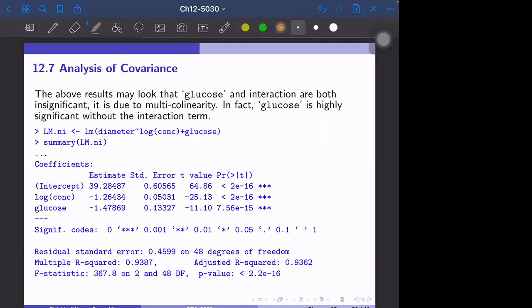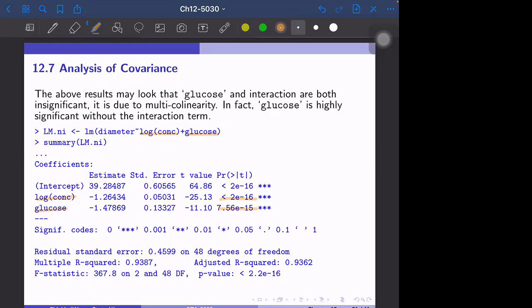Two coefficients are insignificant, but we are not really sure if both are garbage or if we drop one, the other becomes significant. If we drop the interaction term and only use the log of concentration and glucose, these two variables are both highly significant. So the glucose and the interaction between glucose and log concentration have multicollinearity. That's why we got insignificant coefficients for both variables.